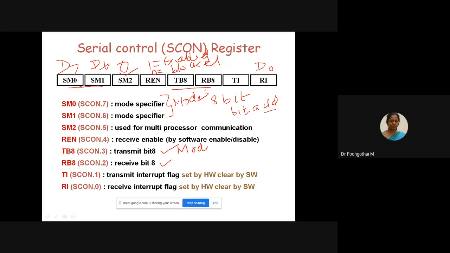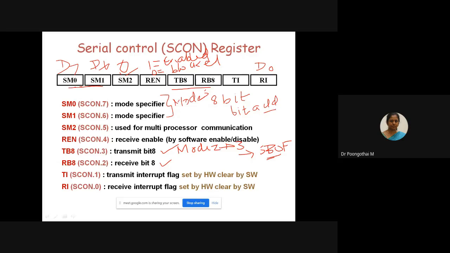Since modes 2 and 3 are 9-bit UART, the 8-bit data is held by the SBUF register and the parity bit is held by TB8. Do you understand? Modes 2 and 3 perform 9-bit data transfer and reception. The SBUF can accommodate only 8-bit data, so 8 bits are transferred to the SBUF register and the parity bit is transferred to TB8.